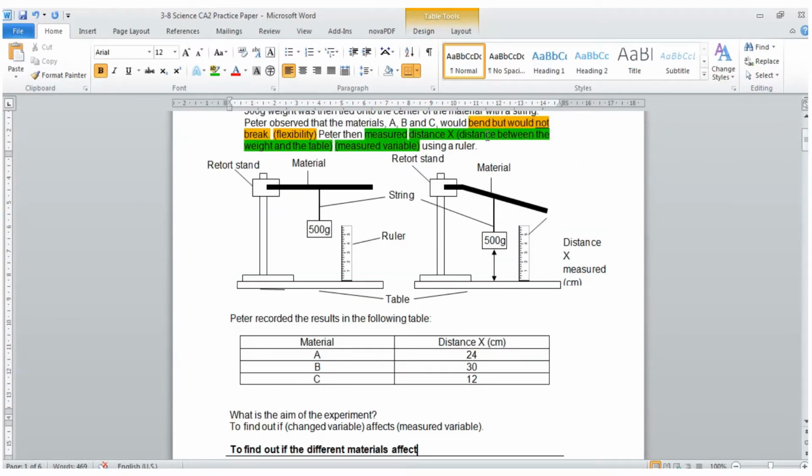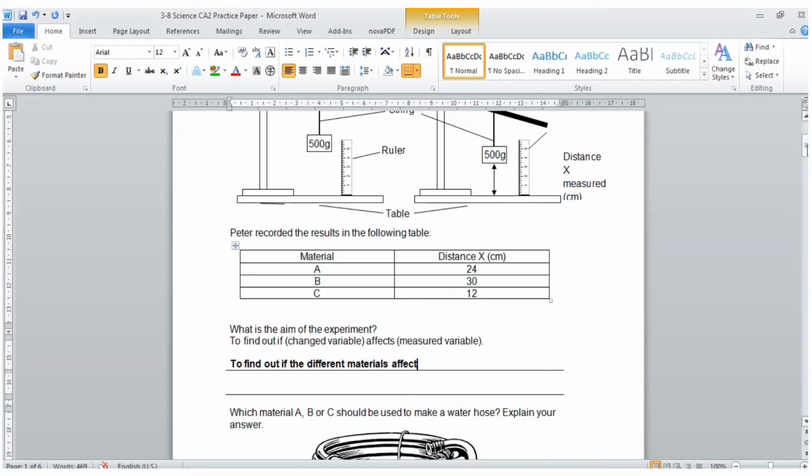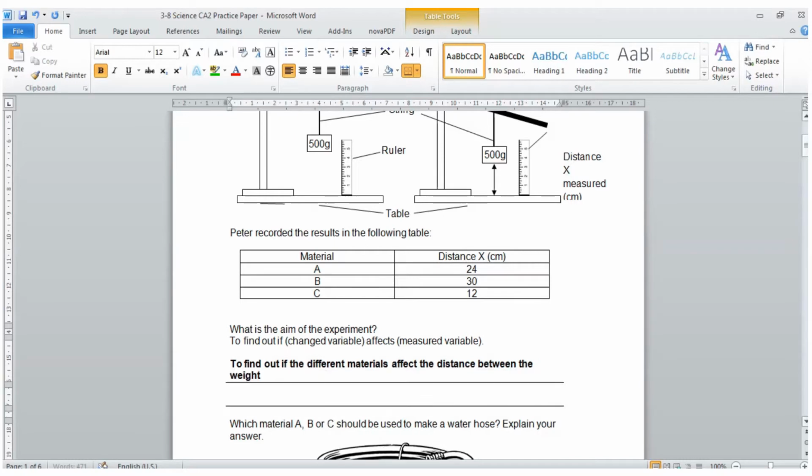Very good. The distance between the weight and the table. Excellent. So let's write it down: to find out if the different materials affect the distance between the weight and the table. Can you see?